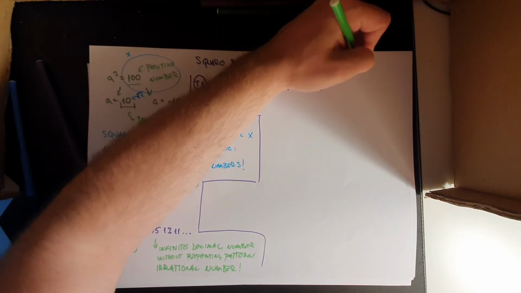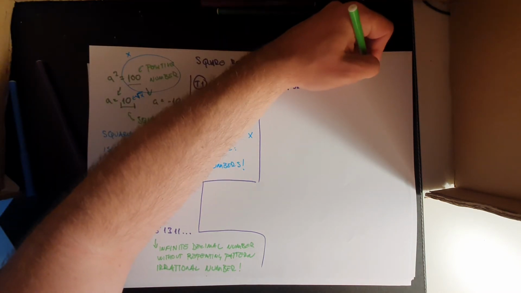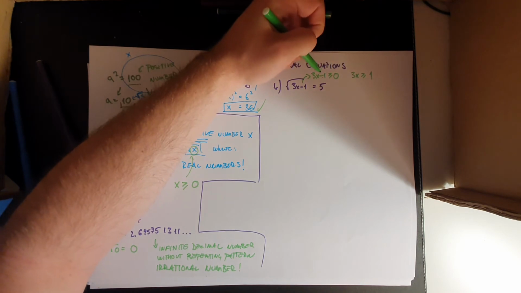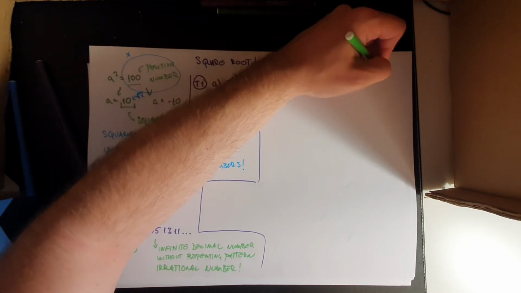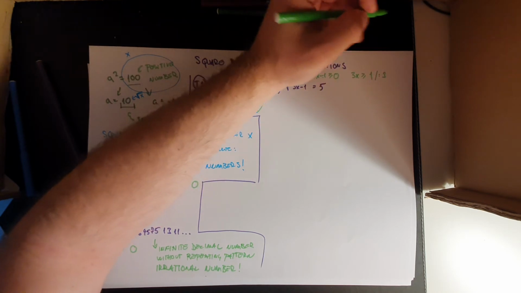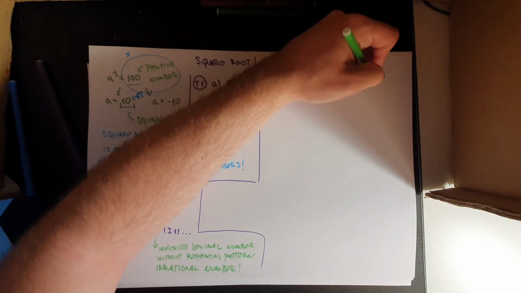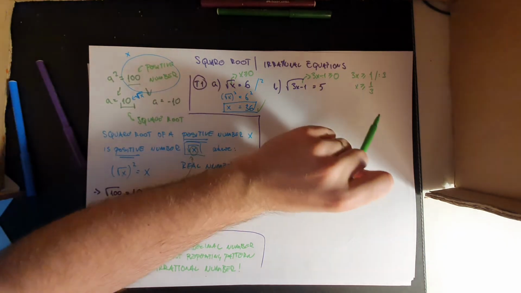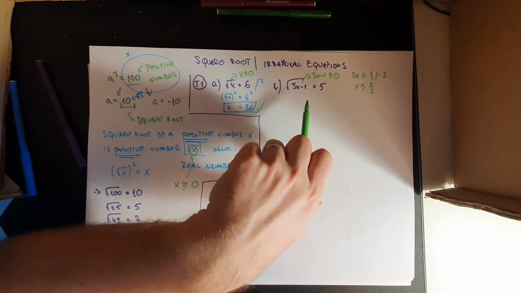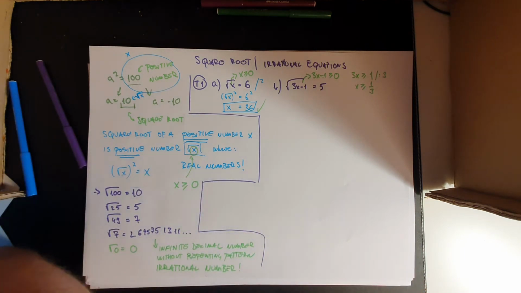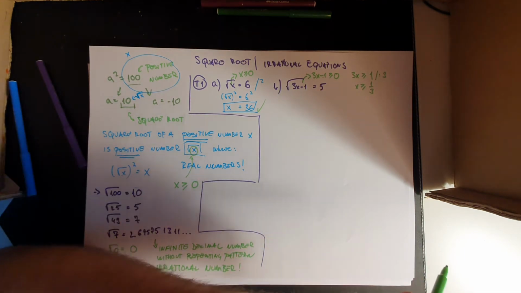So 3x is greater or equal to 1. Minus 1 changes the side, also changes the sign. Last thing I'm going to do is divide everything with 3, and x is greater or equal to 1 over 3. So if we get a number that is greater or equal to 1 over 3 as a solution to this equation, this number is going to be the solution of the equation.